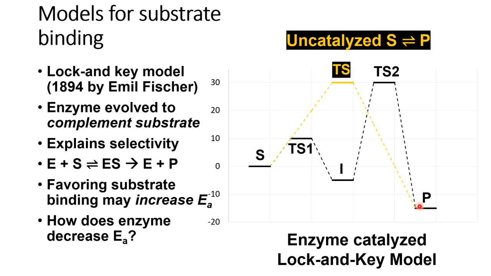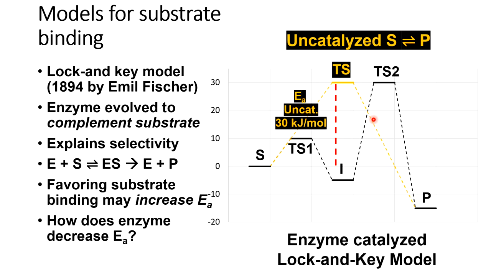So by comparing the uncatalyzed versus the catalyzed reaction, you may expect the enzyme substrate complex to be more energetically favorable than the free enzyme plus the substrate. If we still need to go through the same transition state, which has the same energy, that actually makes it harder to get the activation energy.